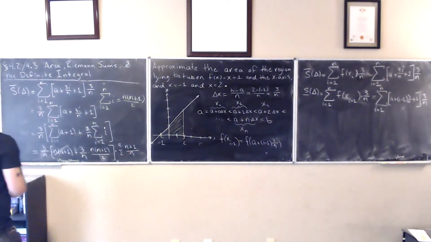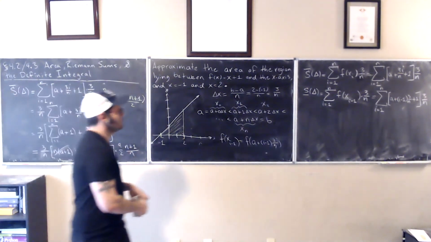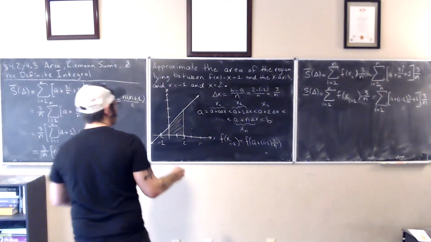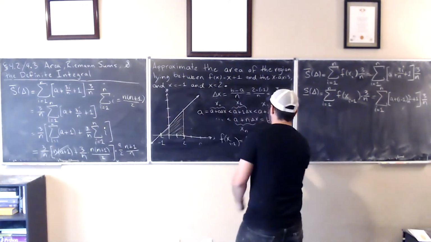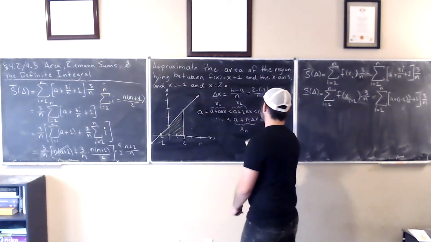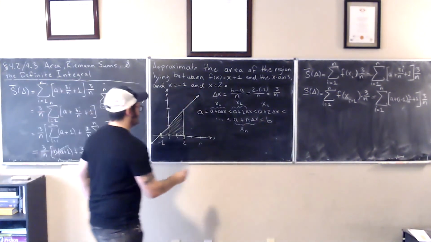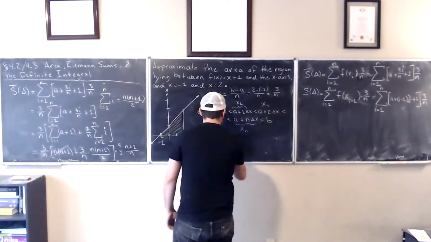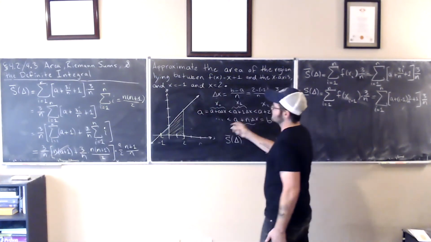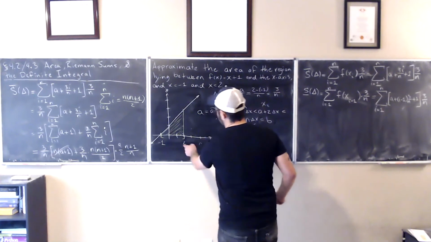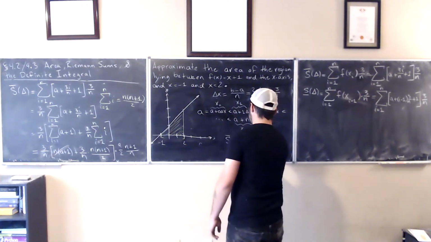Okay, well, what does that mean? What's going on here? All we know is that the upper sum for a partition with equal lengths on that function from -1 to 2 is equal to this.